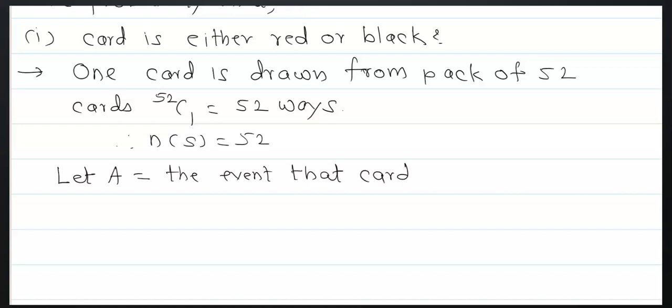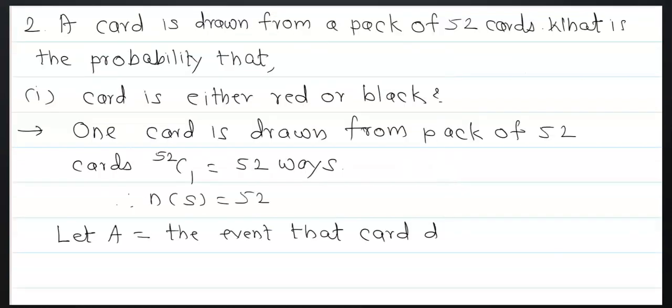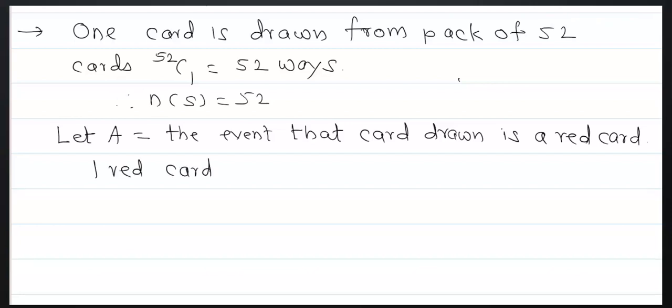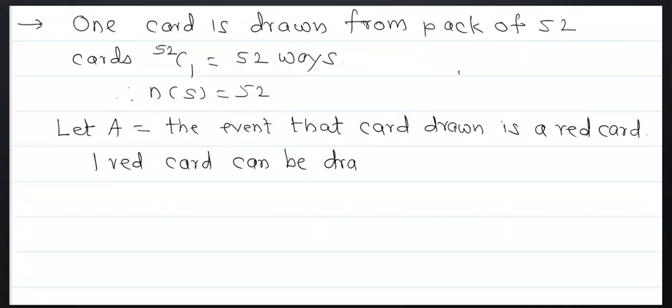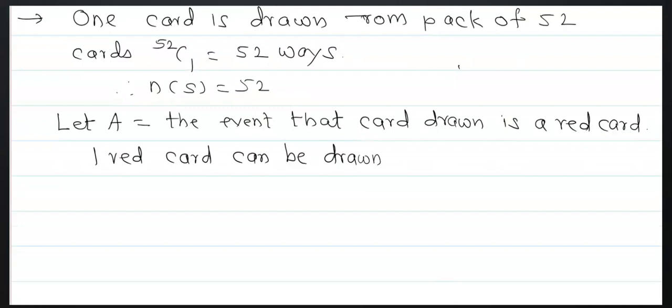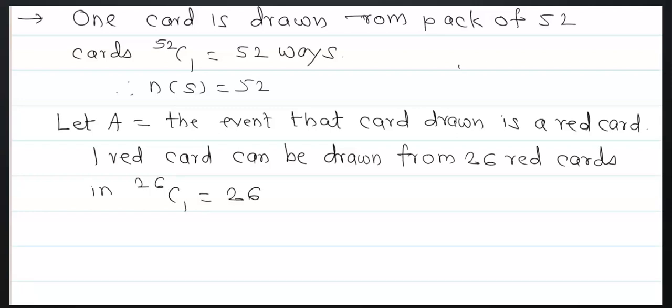Now A is the event that the card is red or black. There are 26 red and 26 black cards. One red card can be drawn from 26 red cards in 26C1 ways.